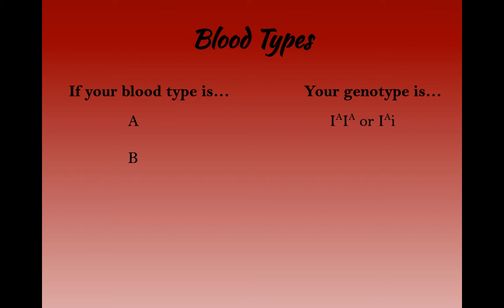If your blood type is B, then again, you can either be homozygous for the B allele or heterozygous for the B allele with an O allele. If your blood type is AB, that means that your genotype is IAIB, the two codominant alleles. And finally, if your blood type is O, then your genotype is the homozygous recessive, little i, little i.